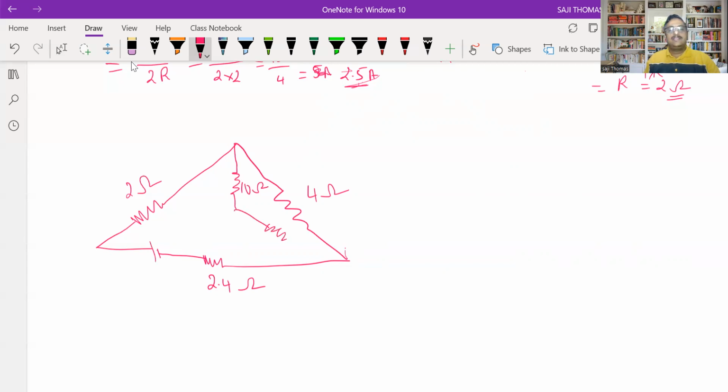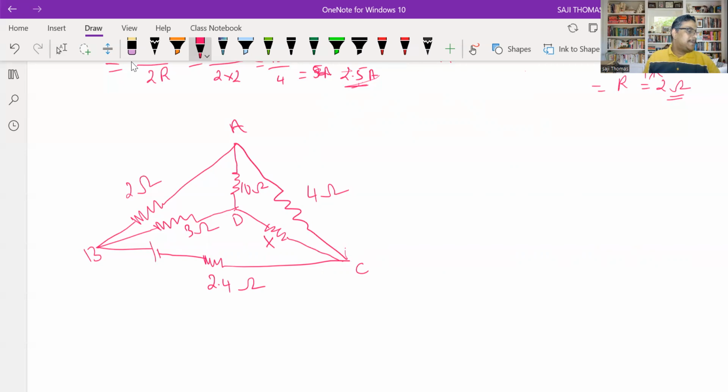Here there is a resistor that is written as X. And here there is one more resistor that is 3 ohm. The points are given as B, C, A, B.